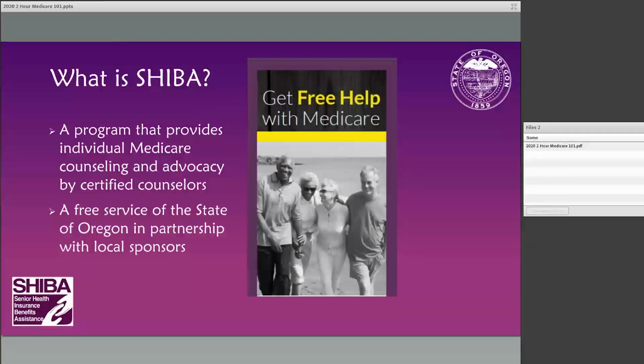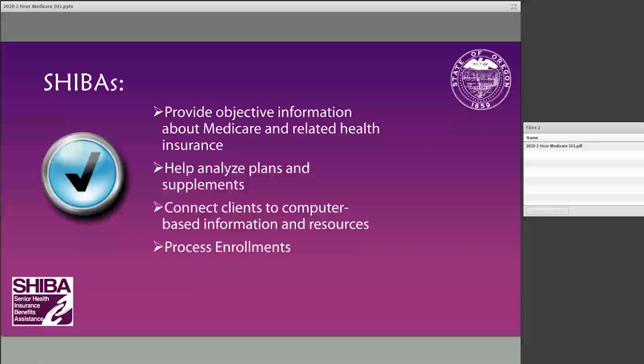We provide individual Medicare counseling and advocacy. All of our counselors are either volunteers or paid staff, and all of our services, whether it's a counseling session, somebody who's going to bat for you for an issue, or a free class, all of our services are free. And that is part of our grant requirements from the Administration for Community Living.